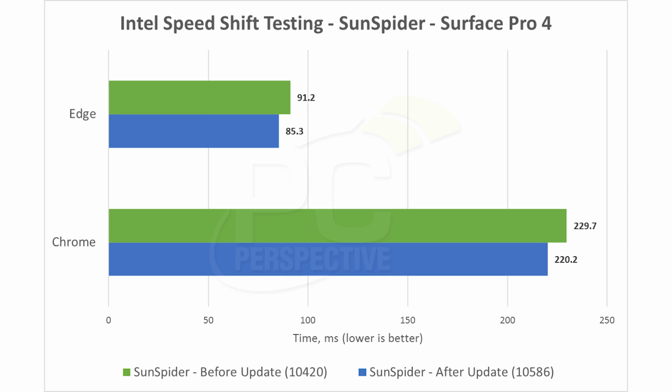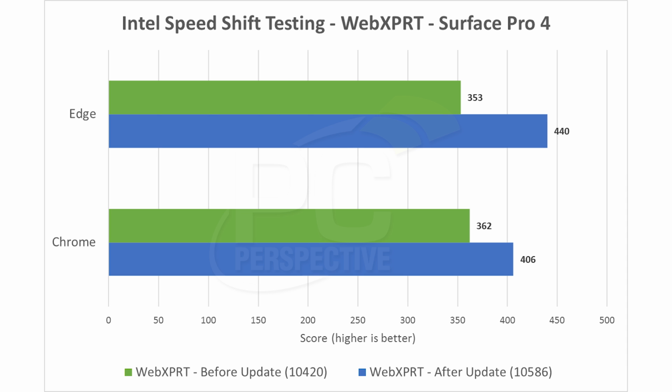And it all happens in a browser as well. We ran some of those benchmarks, and we saw fairly modest improvements, 5 to 8% increases in SunSpider or WebXPRT, depending on the browser. We tested both Chrome and Edge. So those are moderate improvements, but they do show that Speed Shift is in fact doing something to improve your general web performance across the board.